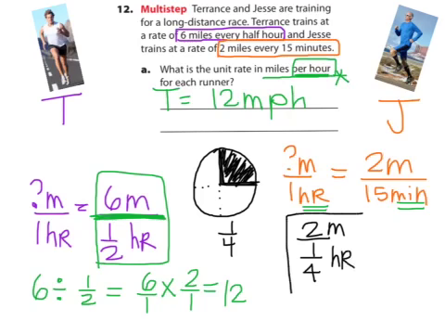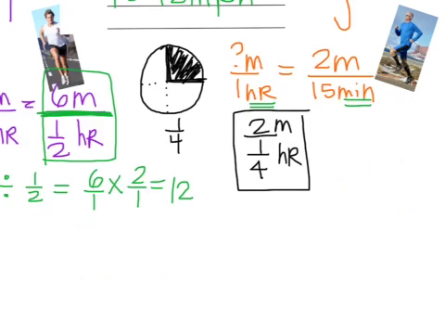Now I can solve this problem the same way I just did for Terrence. I'm going to put 2 first, then divide by 1/4. Again, we don't really want to divide fractions, so I'm going to say 2 times, and then I'm going to flip this fraction upside down, 4 over 1.